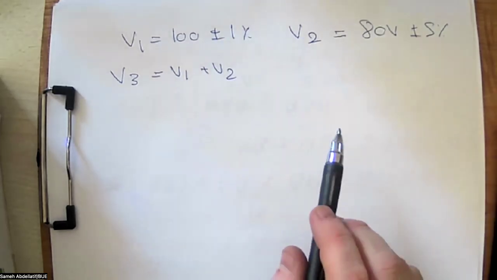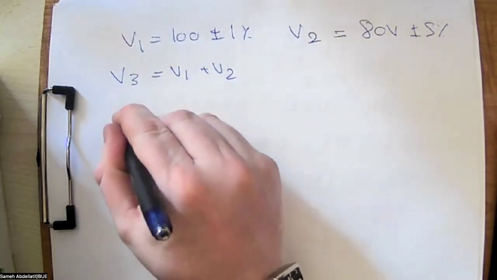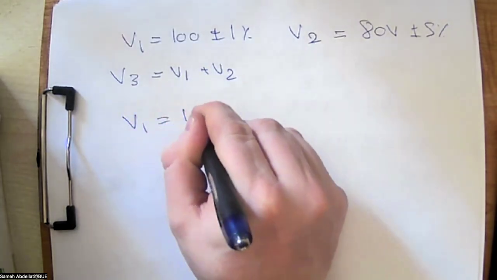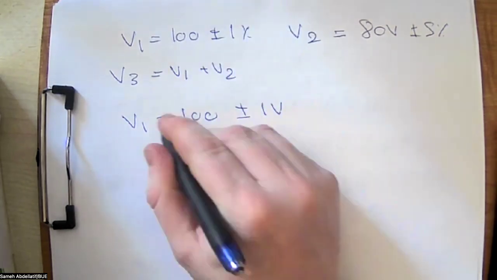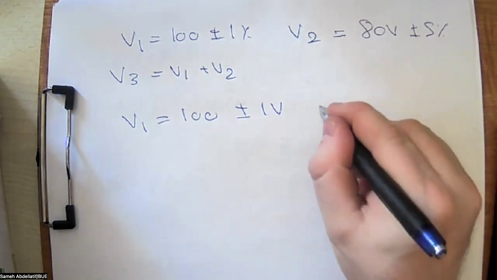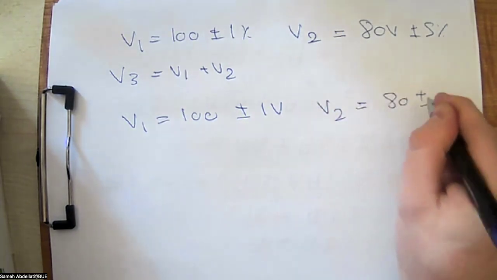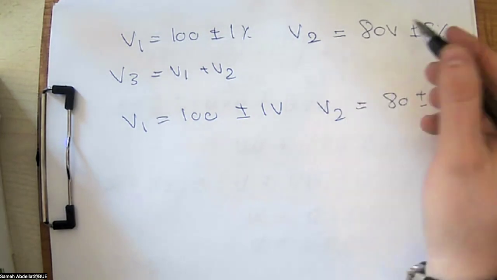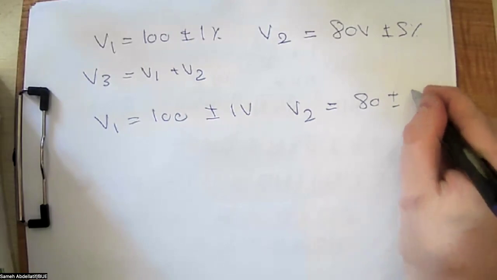So you have to transfer this relative error into absolute error. V1 equals 100 plus minus 1 volt, which is the absolute value of 1%, and V2 equals 80 plus minus 4 volts, which is 5% of 80.